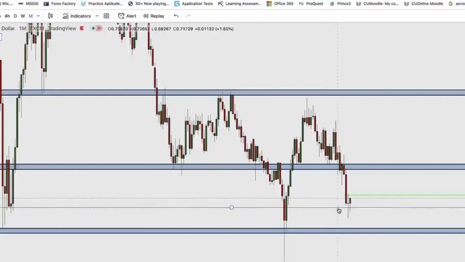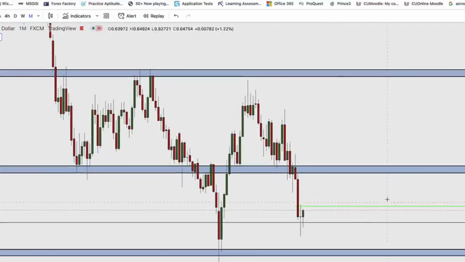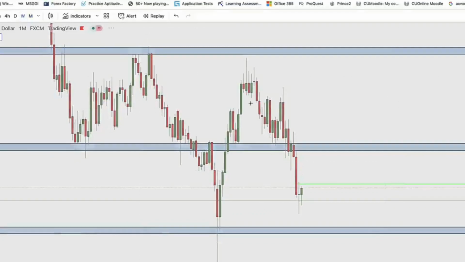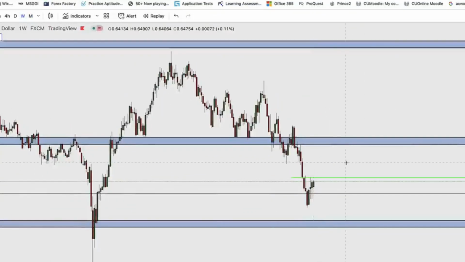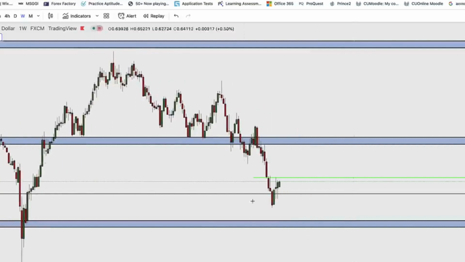I would use a black line to highlight them so that when the market gets around that region and starts misbehaving as it is doing, I know exactly why it is misbehaving. It doesn't necessarily mean the market is going to reverse from here. What this will simply mean is that could be an area of potential profit taking. And once profit taking tends to happen, the market will be presenting you.